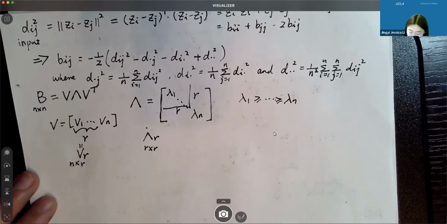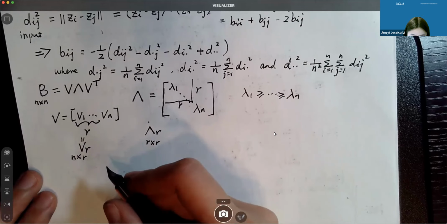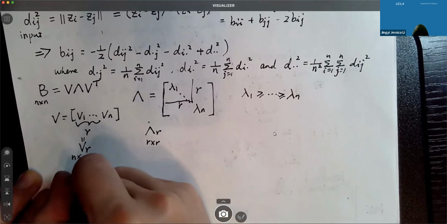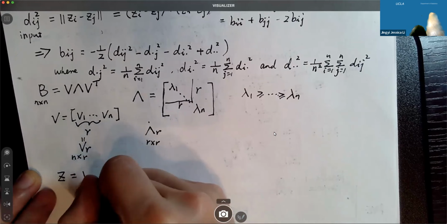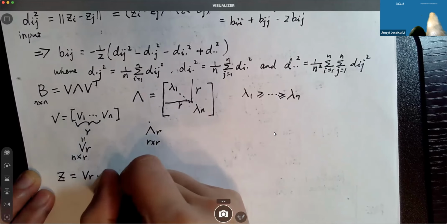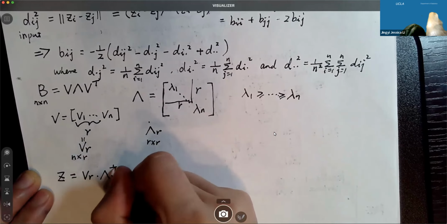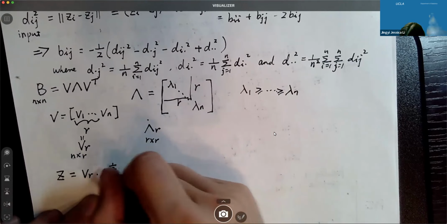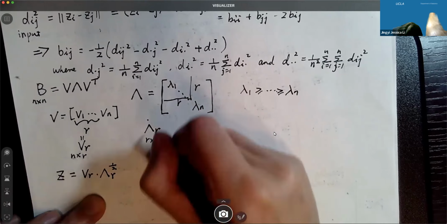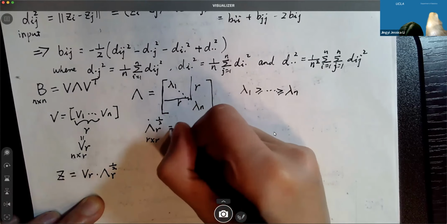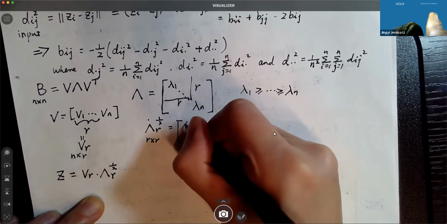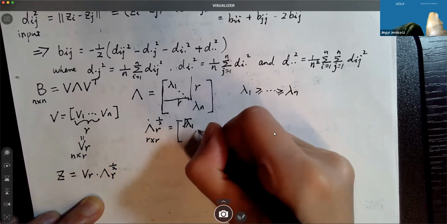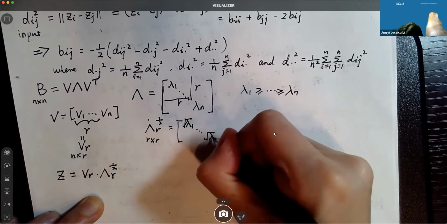Then finally I define my Z as just V_r times lambda_r to the 1/2. In other words, in this lambda_r to the 1/2, I have the square root of lambda 1 down to the square root of lambda r.